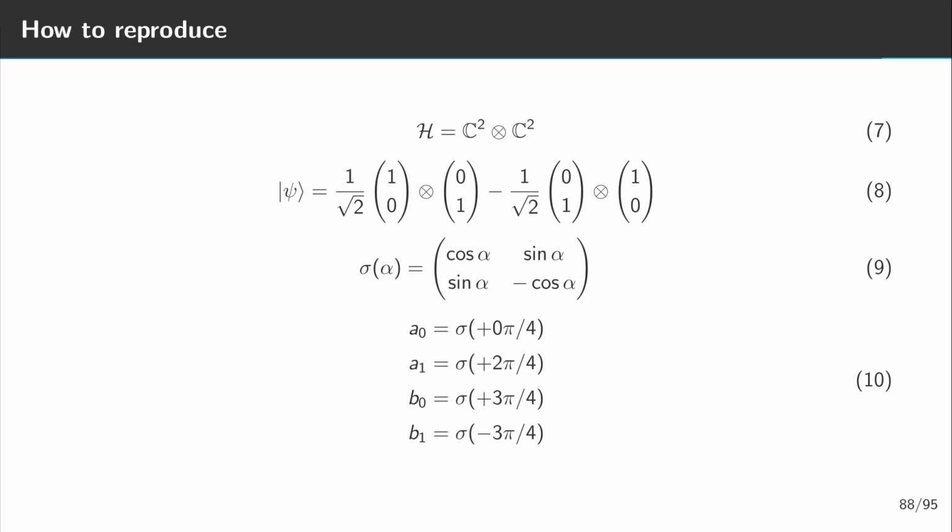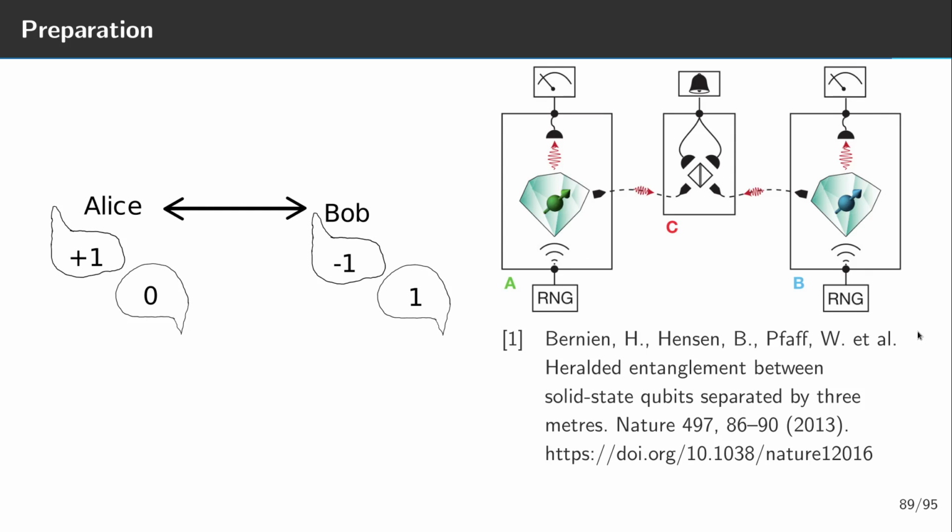Spin, right? What did you say? Spin? Yeah, you're right. Those are the operators that correspond to measuring the spin along an axis that is the z-axis rotated by the angle alpha.